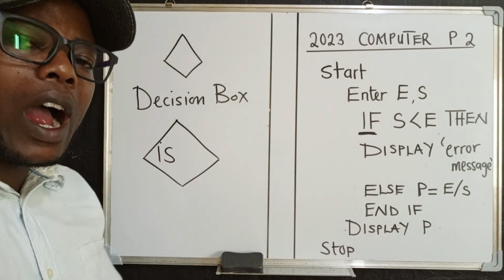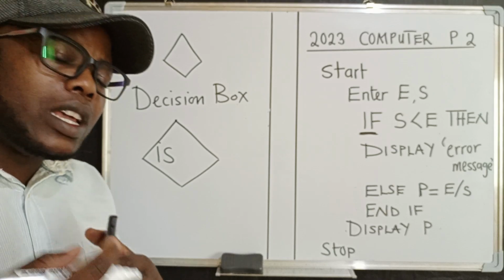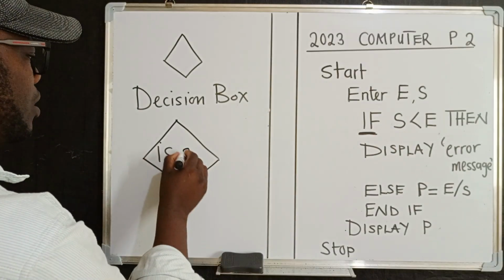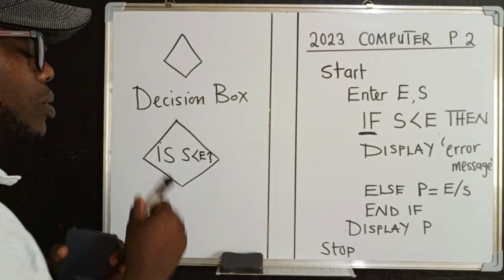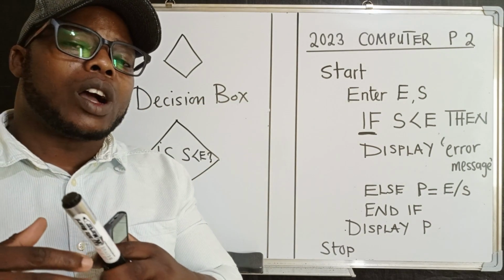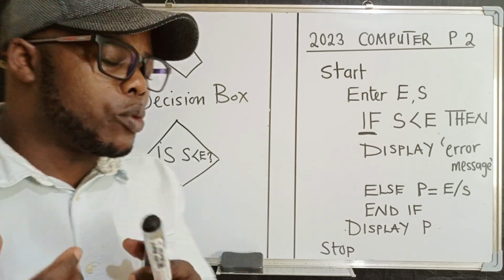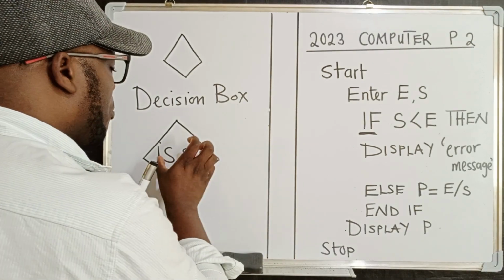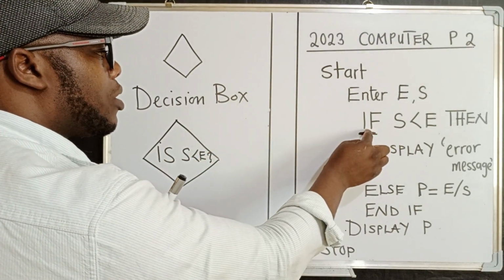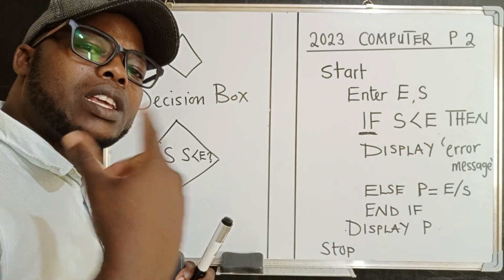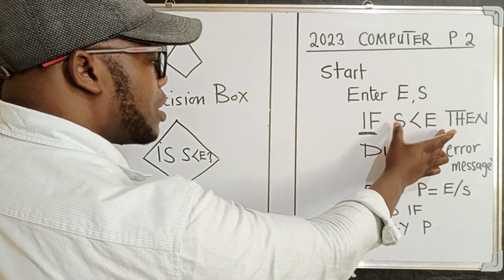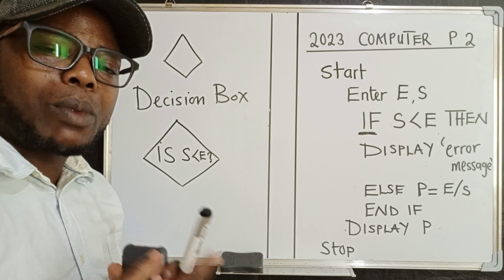Okay, you will ask a question. Is S less than E? You even put a question mark. So this is how the diamond shape works. Okay, it only applies where you see if, and you get what is here. Now start with the word is, and then put what is here. At the end, you put a question mark.